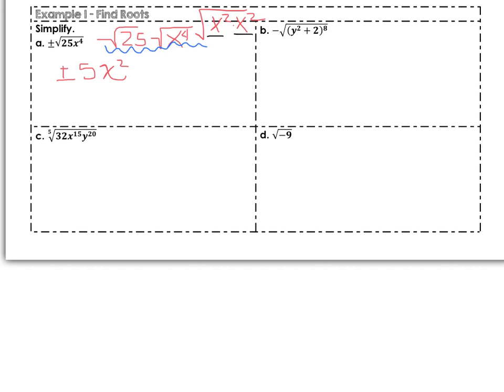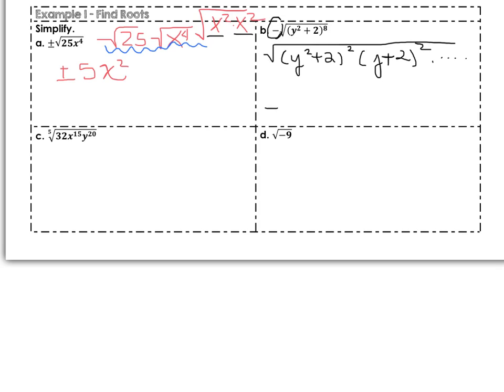When we're looking at B, notice that we have a negative, and it is going to be part of our final answer. We're just going to have a negative quantity. When I have the square root of a quantity to the 8th power, one way of looking at it is y squared plus 2, squared, multiplied by itself again, y squared plus 2 squared, and so forth.